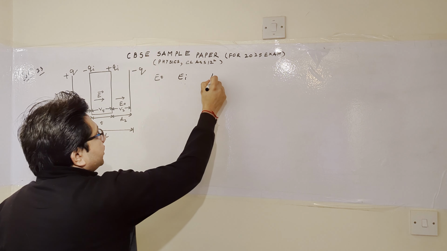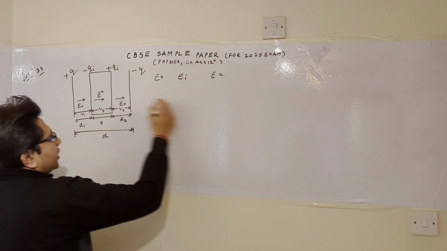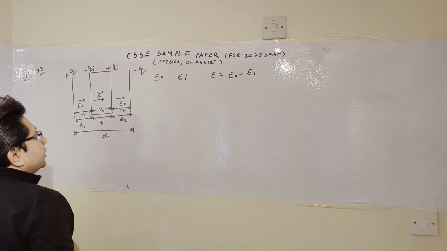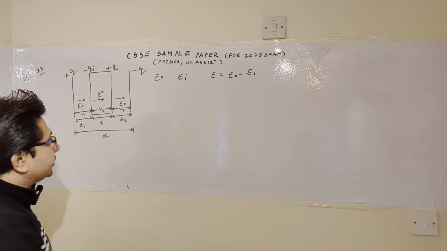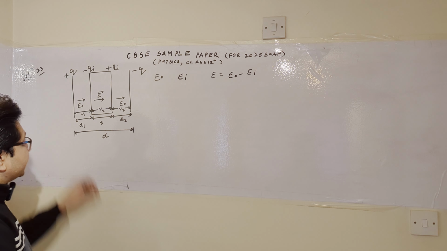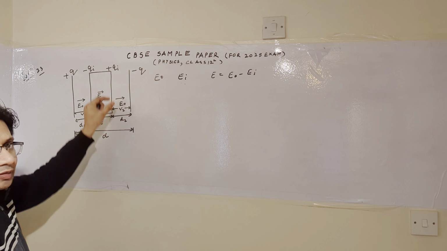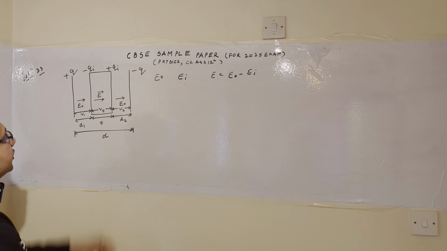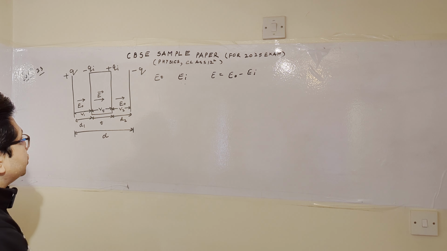So the net field inside this particular dielectric is given by E naught minus Ei. V1 and V2 are the respective potentials in the sections of air, and V sub t is the potential in the dielectric section. So this is the situation.